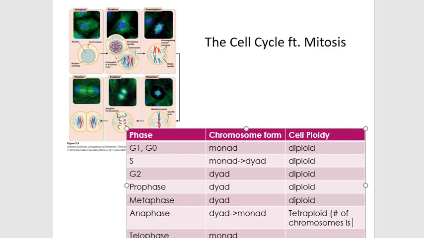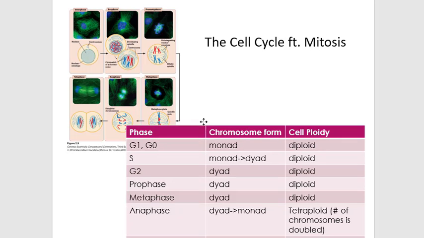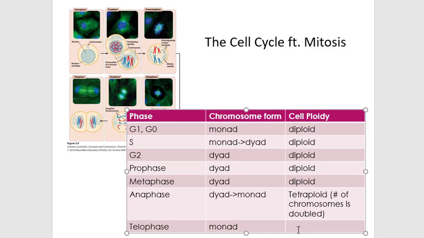But I guess technically you could call it a tetraploid cell. And then by the end of telophase, you're back to your original ploidy. So this would be a good example.